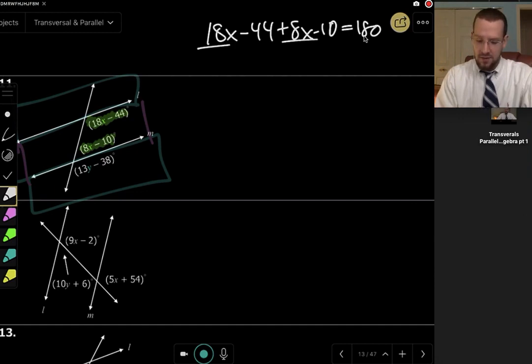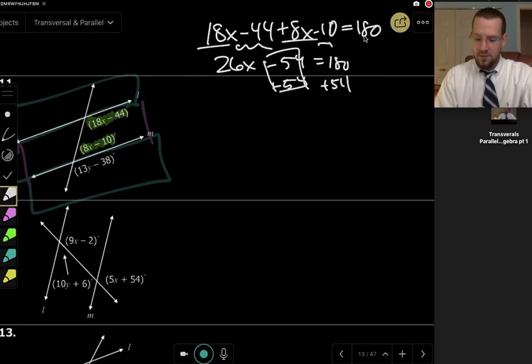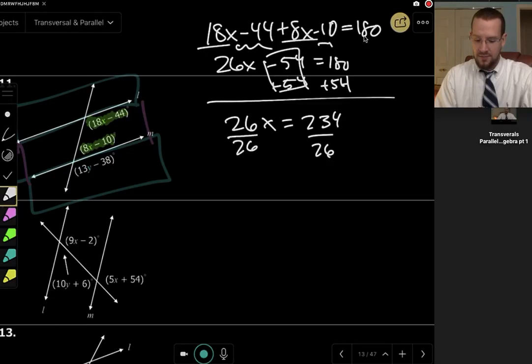So let us combine our like terms. And then balance the equation, plus 54 to both sides. And so we have 26x is equal to 234. And then divide both sides by our leading coefficient on x. So x is equal to 9.